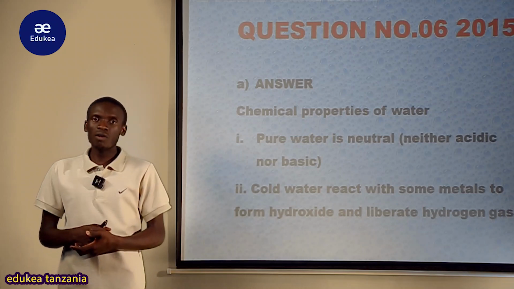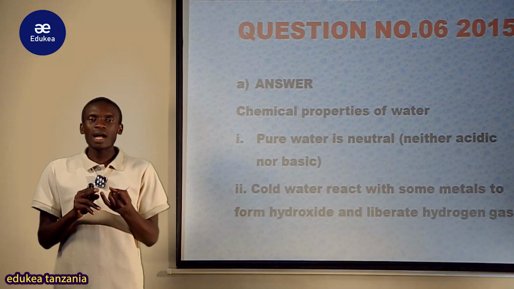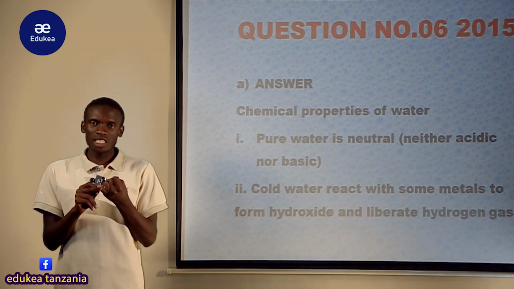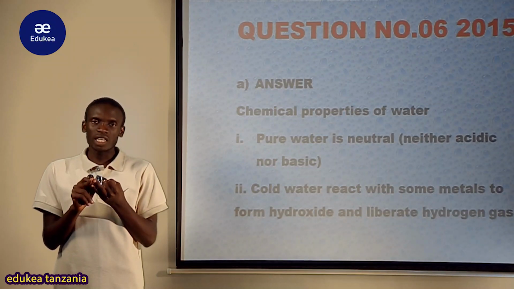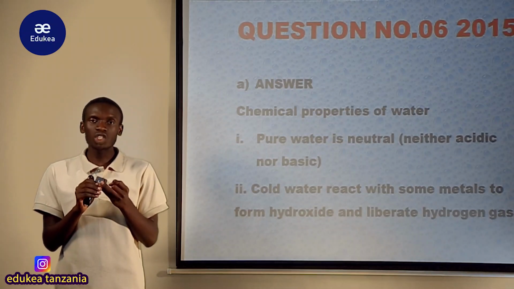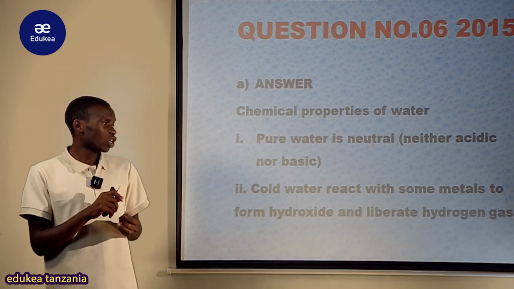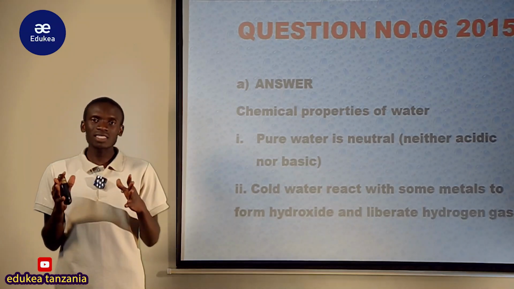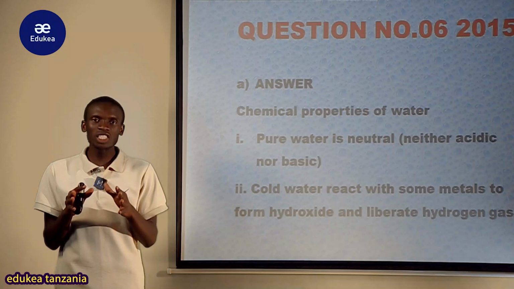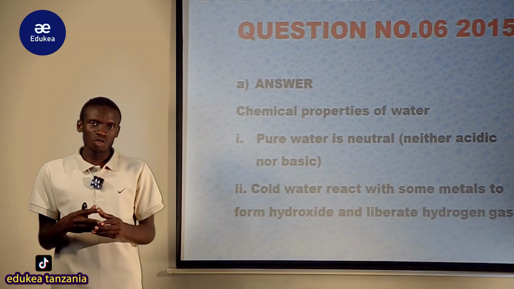If we say something is neutral, it means that it is not acidic or basic. It is neutral, not acidic, not basic. That is about neutral compound. So water is neither acidic nor basic, sio acid wala sio base, ni neutral, ndo maji.